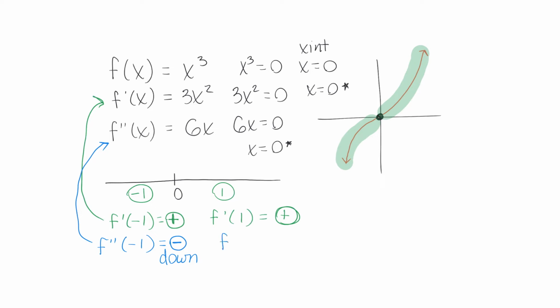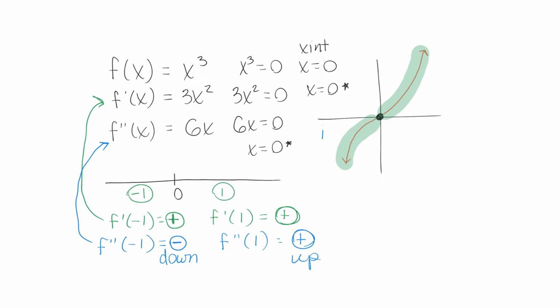And when I do the same thing for my test point over here, f double prime of 1, 6 times 1 is positive, which means this is going to be concave up. And if I come up here and look at this, sure enough, isn't this concave down on the left side of 0? And this is concave up.